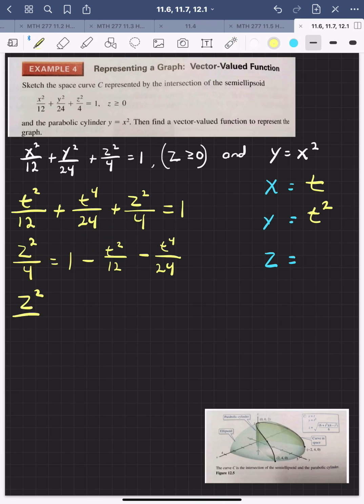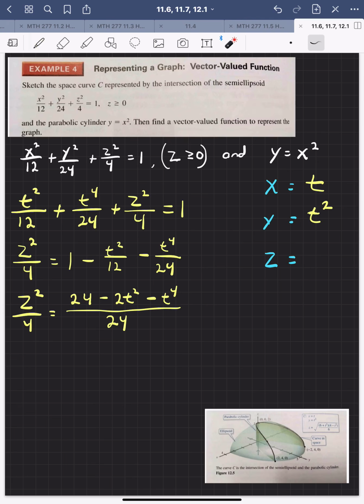So that would give me z squared over 4 is equal to, LCD of 24, so that's going to be 24 minus 2t squared minus t to the 4th over 24. All right.